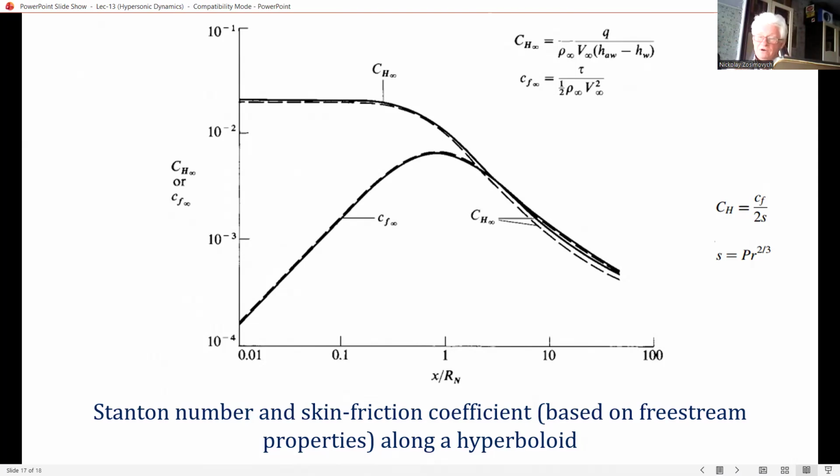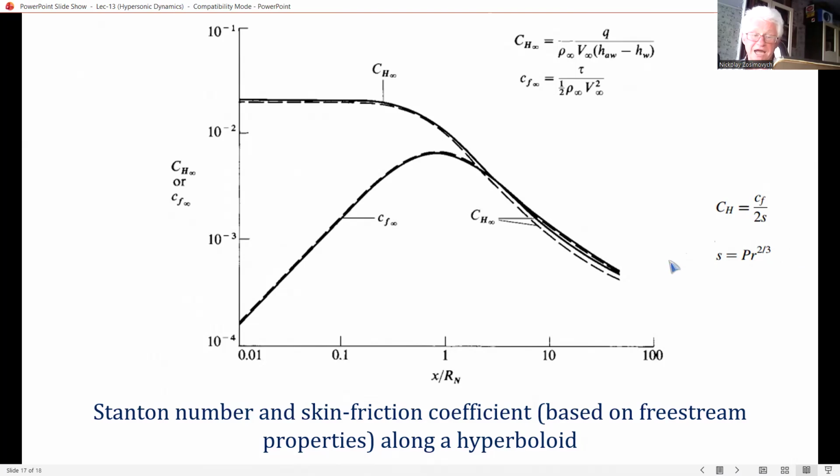Second, the values of CH are relatively constant near the nose, and then decrease farther downstream. Third, Reynolds analogy can be written as CH proportional to CF over 2S, where S is called the Reynolds analogy factor.